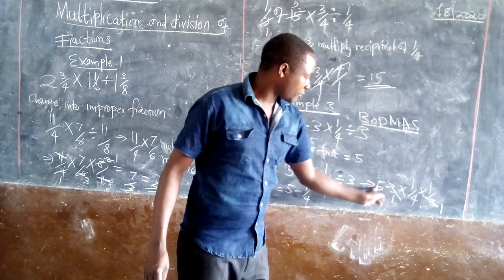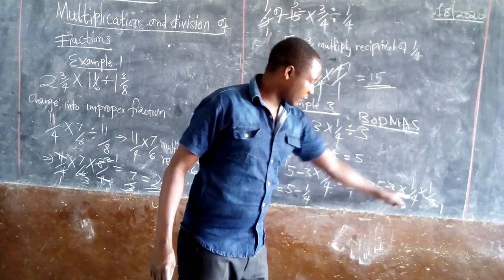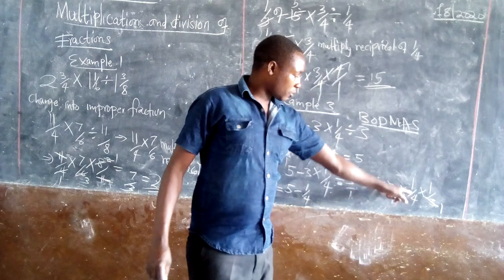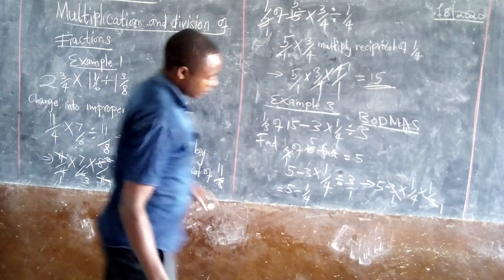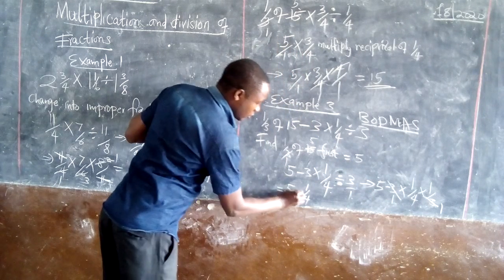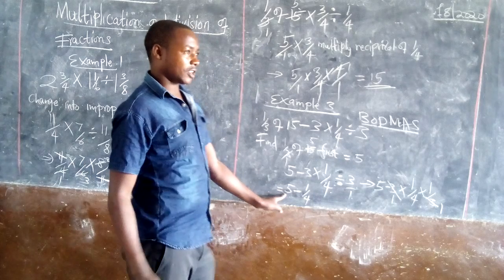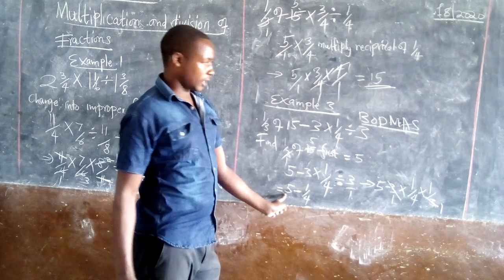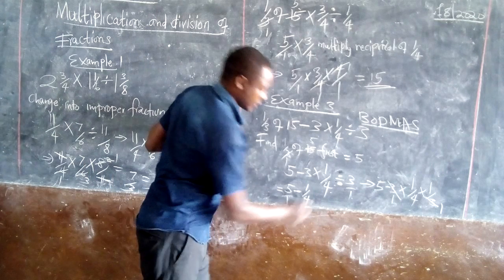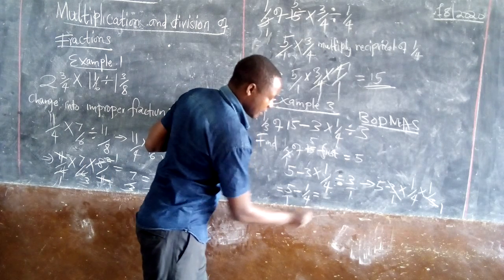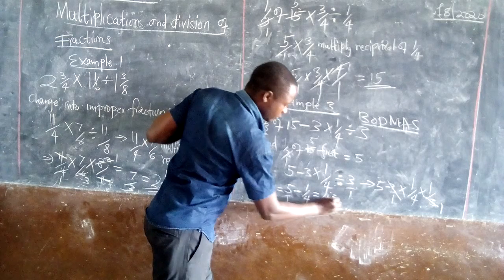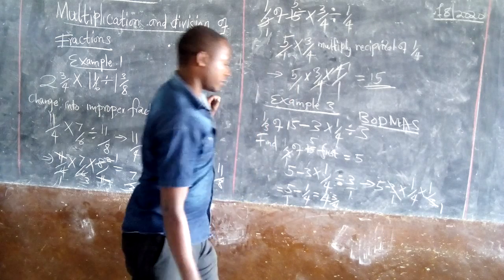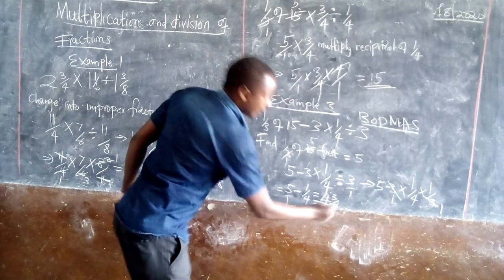When you subtract 5 minus a quarter, you get your answer as 4 and 3/4. 4 and 3/4 will be your final answer.